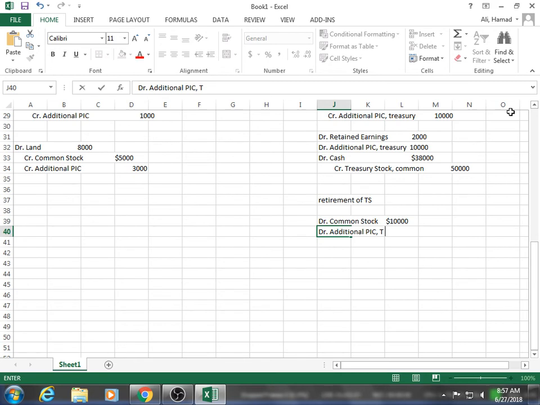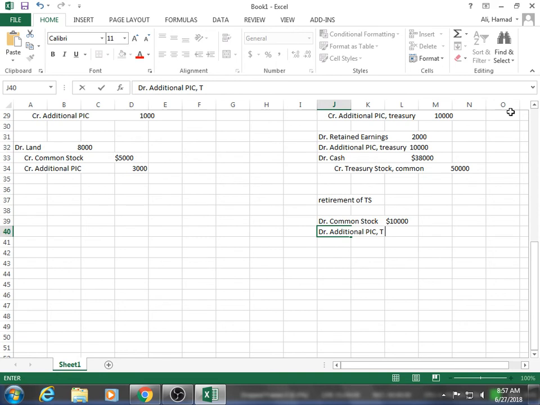Because the stocks were issued at $6 per share. The par value was 5, but they issued it at 6. So 2,000 times the $1 difference between 5 and 6. So it would be 2,000.